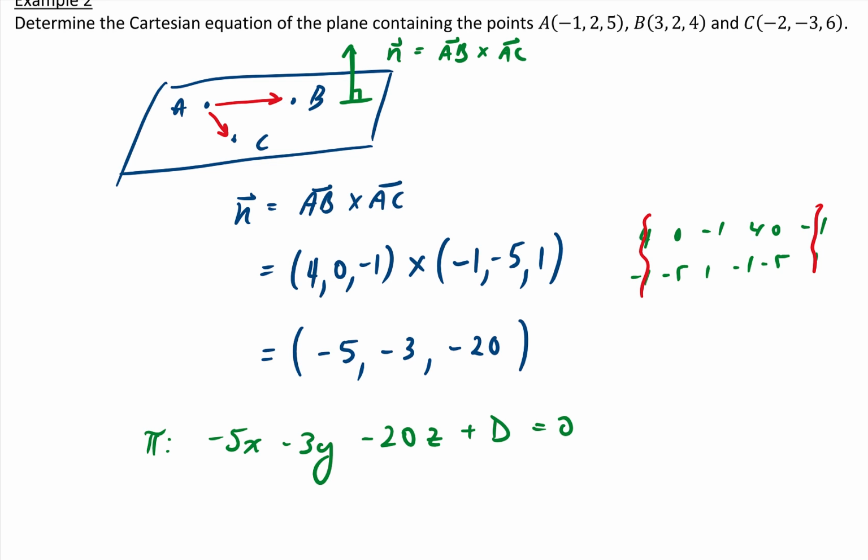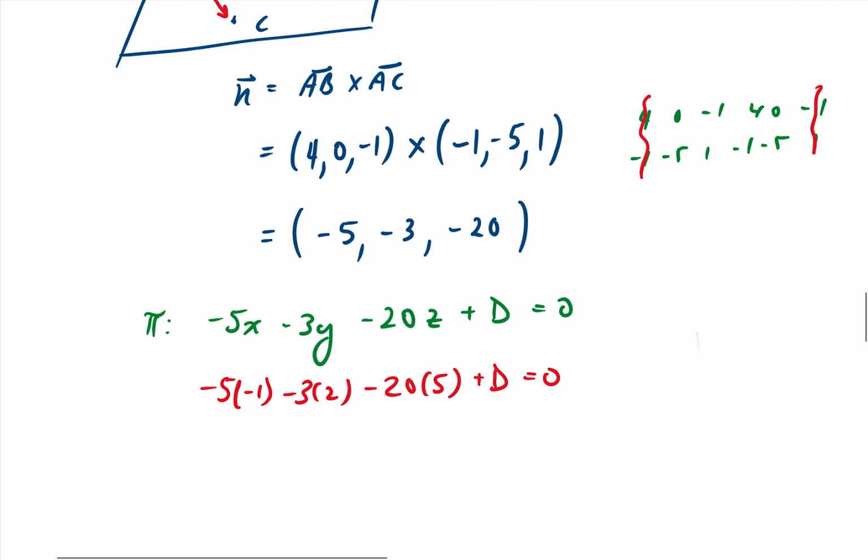And now I should be able to take any of these 3 points and determine the d value. And they should all give me the same d value. So let's take the first point. Let's sub in point A. So for point A, I get negative 5 times negative 1 minus 3 times 2 minus 20 times 5 plus d equals 0.